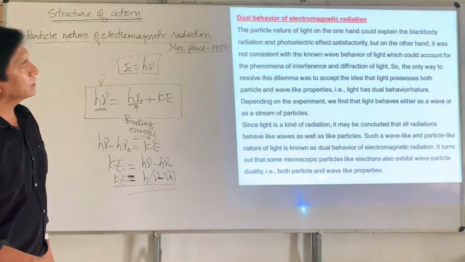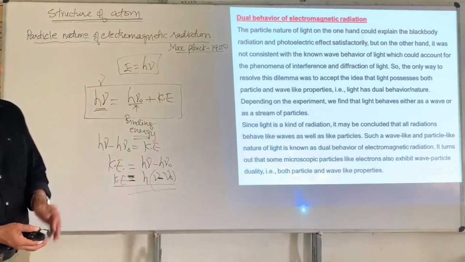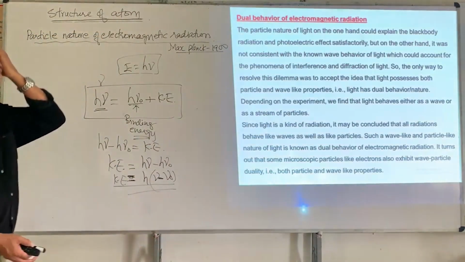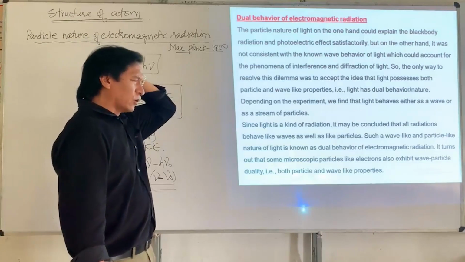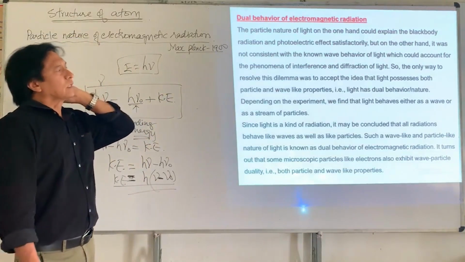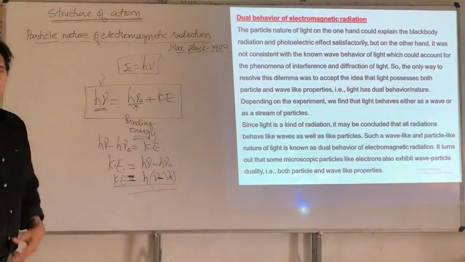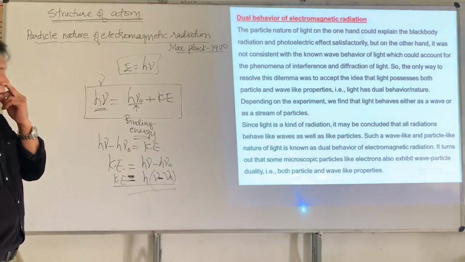And now the next thing is the last part, the most important part, I should say, the conclusion of the whole thing. We have talked about the wave nature of electromagnetic radiation, and then we have also talked about the particle nature of electromagnetic radiations, right?